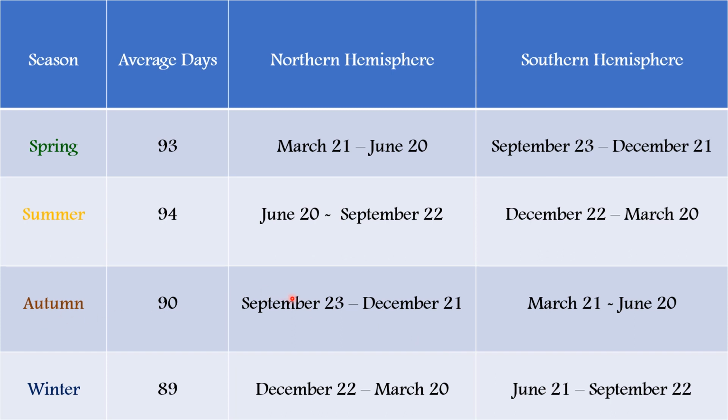While we're experiencing autumn in the northern hemisphere, the southern hemisphere is experiencing spring. And while we're experiencing winter in the northern hemisphere, the southern hemisphere is experiencing summer. All right, so that is what the table is actually telling us. I hope it's clear. If not, you can always rewind.